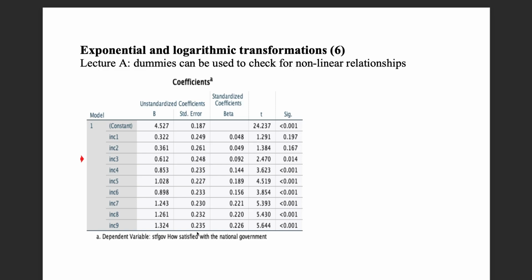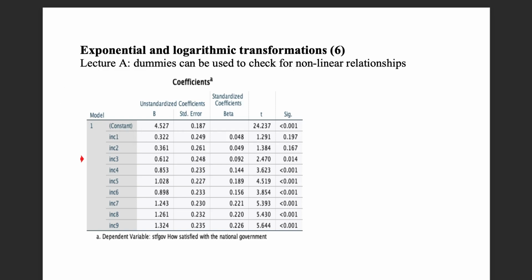So that is the regression model that I got. Notice satisfaction with national government was the dependent variable, and I have a dummy variable for the second income decile, the third income decile, the fourth, the fifth, the sixth, all the way up to the 10th income decile, where the first income decile, I use as the reference category, so that is captured by the constant value of the regression equation. So why did I do that?